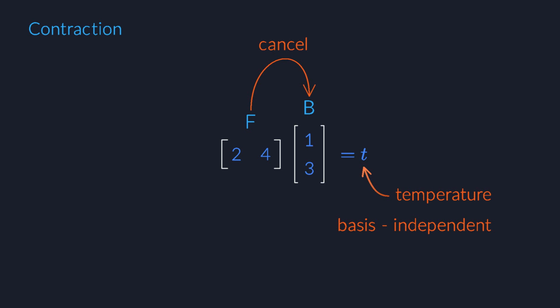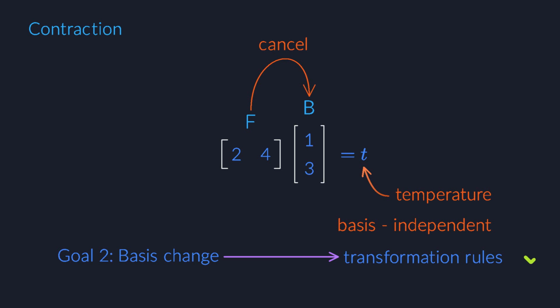And that is a neat little trick that allows us to create invariant stuff from equal measures of covariant and contravariant stuff. Great! We now know how each tensor transforms under a basis change, and we know how to create things that are invariant. Second goal, check.